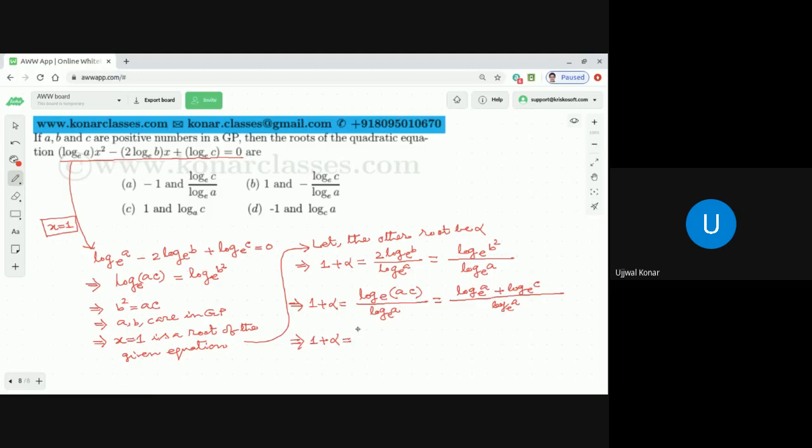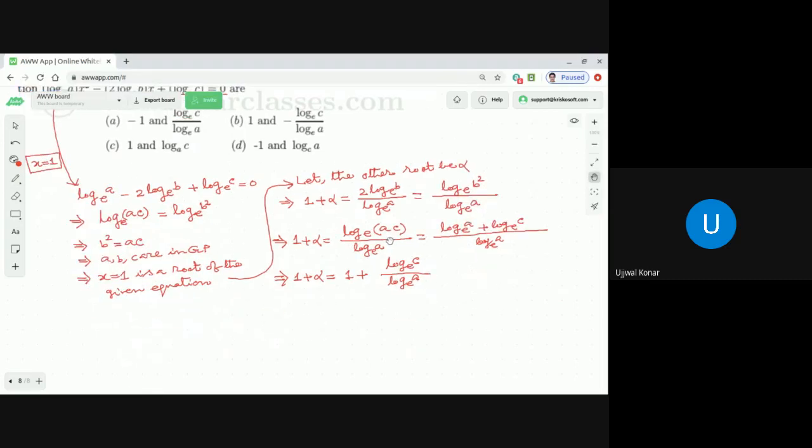From here what we get, dear students? 1 plus alpha is equal to log a base e by log a base e plus log c base e by log a base e. Correct or not, dear students? Log of c base e divided by log of a base e means log of c base a, if you recall the logarithmic property.